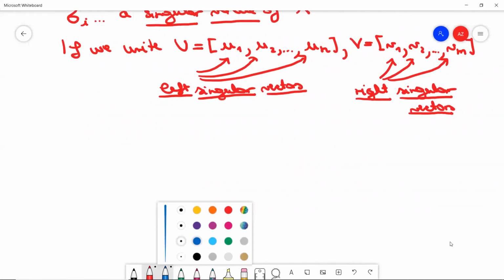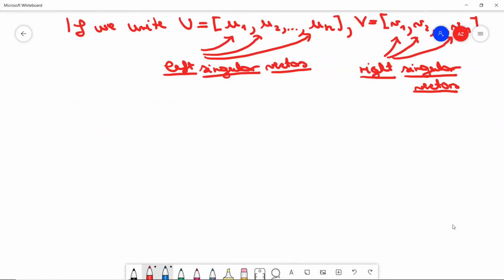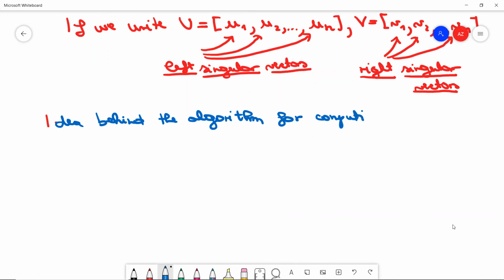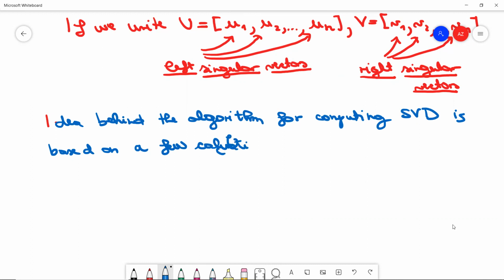And before writing the algorithm, let's see the idea behind it. So the idea behind the algorithm for computing SVD is based on a few calculations. And let's make those calculations.